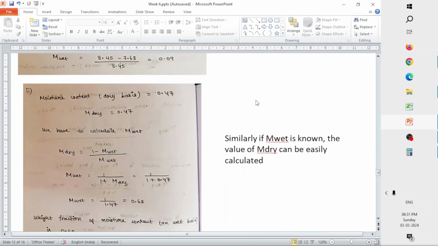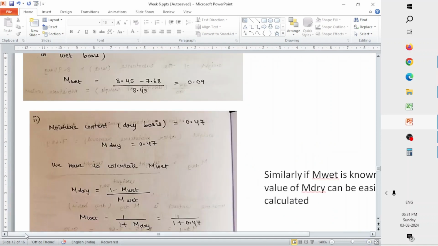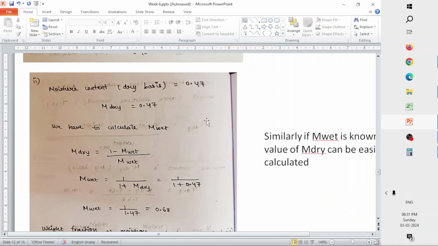So that means moisture content on dry basis is 0.47, M dry, and this is a weight fraction which is given to you directly.